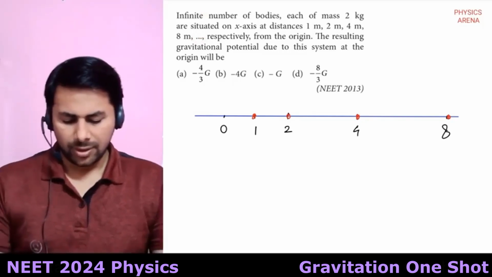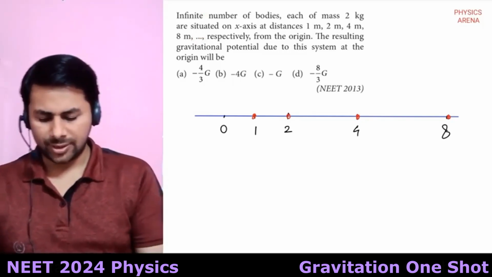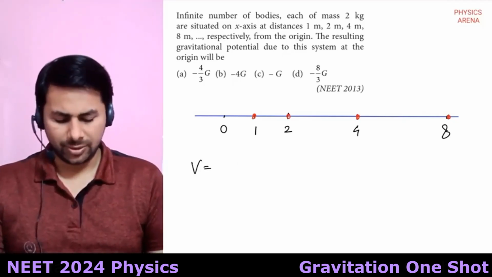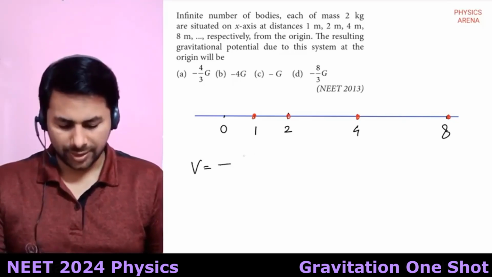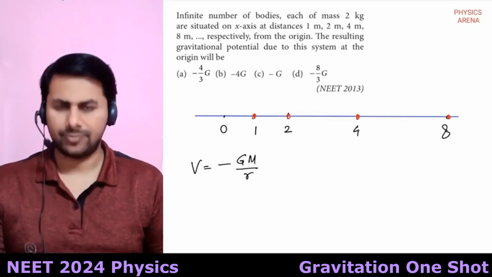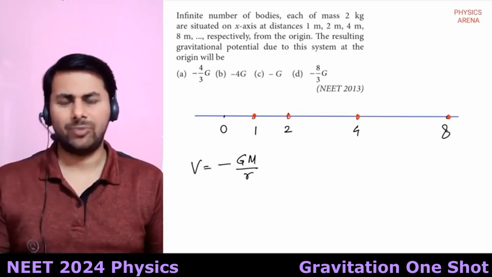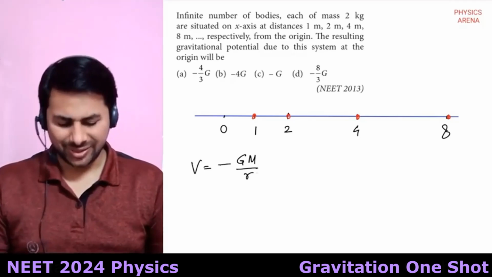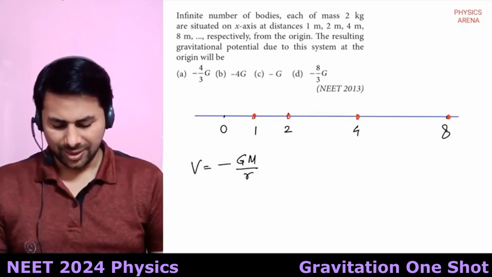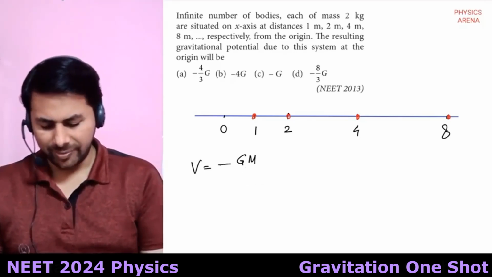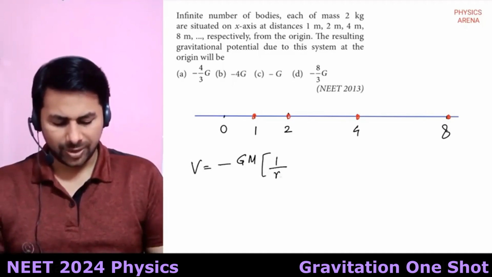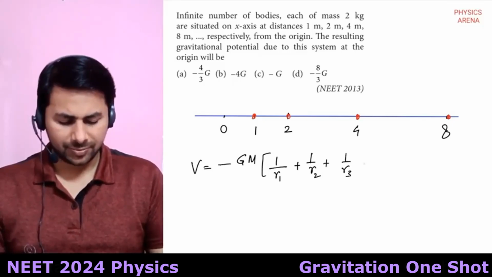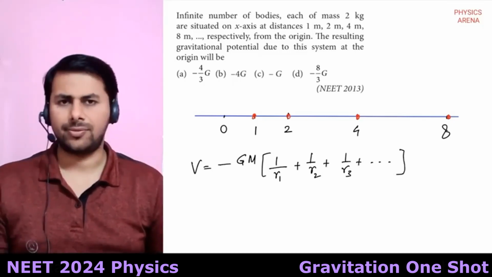Okay, the resulting gravitational potential due to this system. So what will be gravitational potential? V is equal to minus GM upon r for the first body, for the second body, for the nth body. Okay, so mass is the same for all those bodies. R is changing, right? So I can take minus GM common, multiplied by 1 upon r1 plus 1 upon r2 plus 1 upon r3, and so on and so forth.